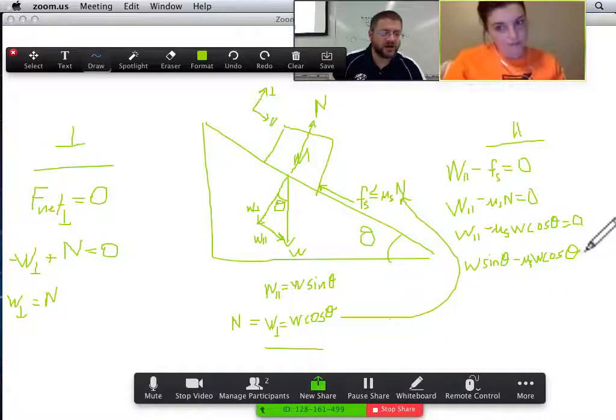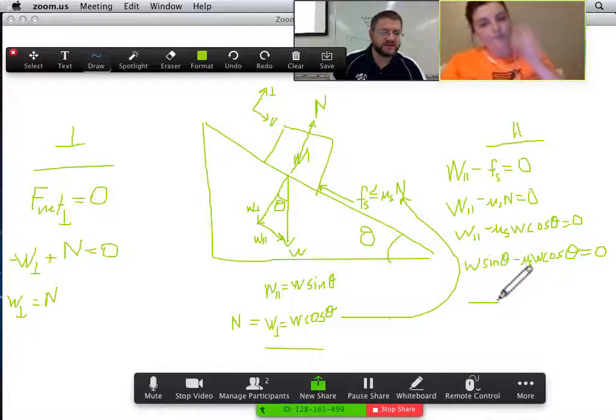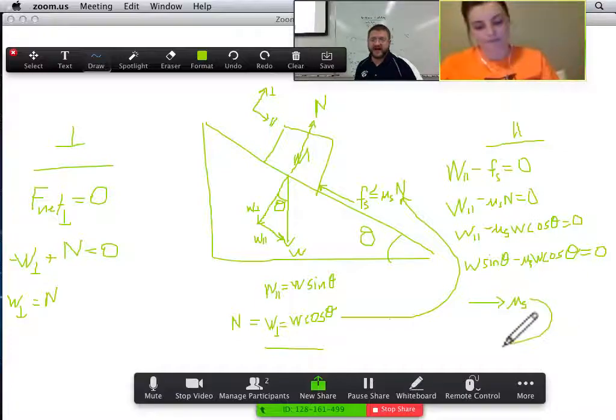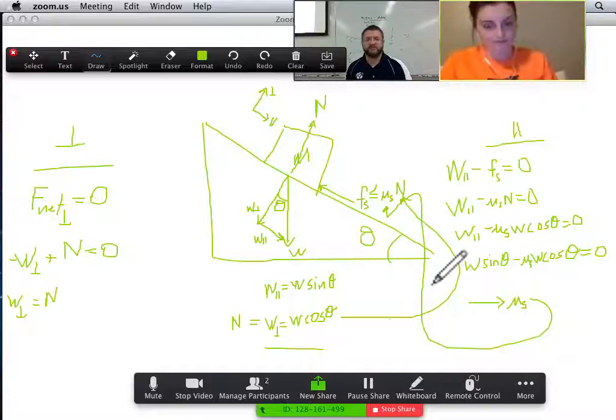And then we can solve for our mu s. So this will give us mu s. Once we know mu s, then we can plug mu s back in up here to calculate the force of static friction, along with the normal force.